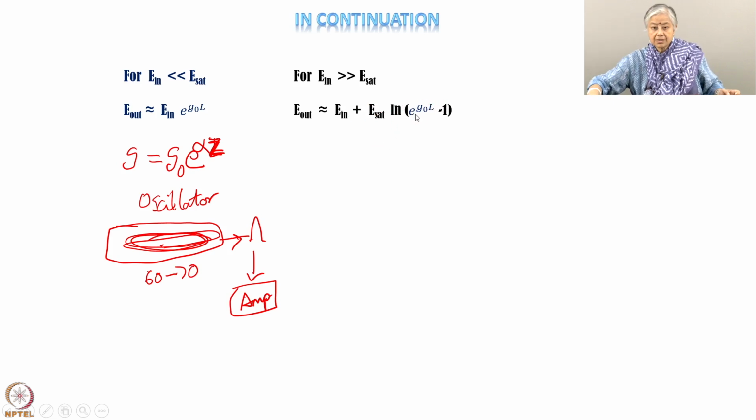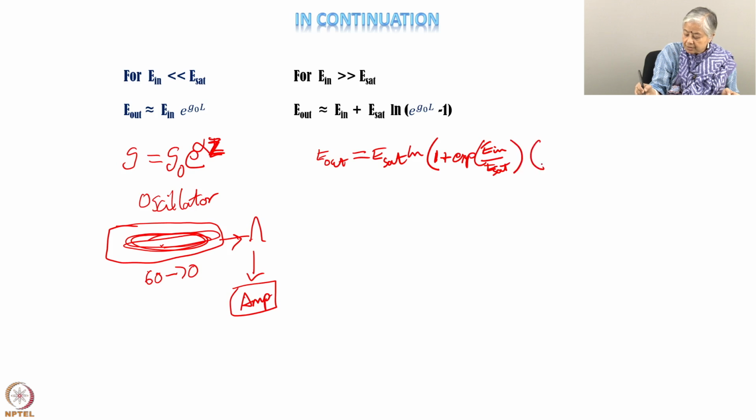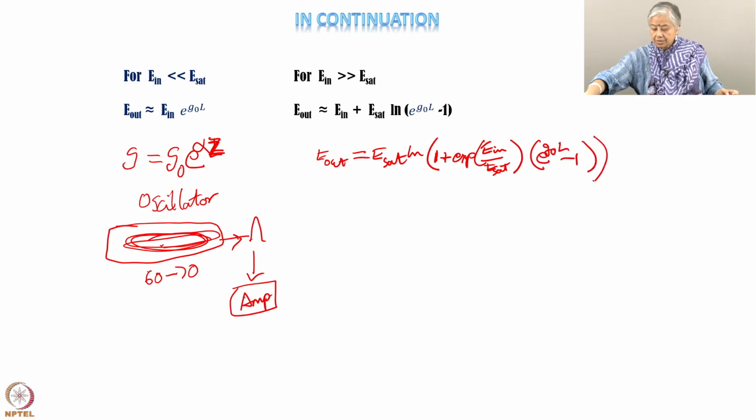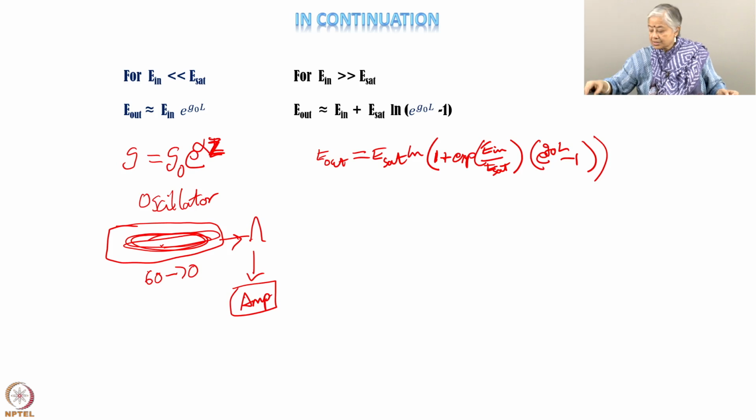The initial equation is E out equal to E sat ln of 1 plus exponential E in upon E sat, times e to the power G0 L minus 1. I have just written it here once again.